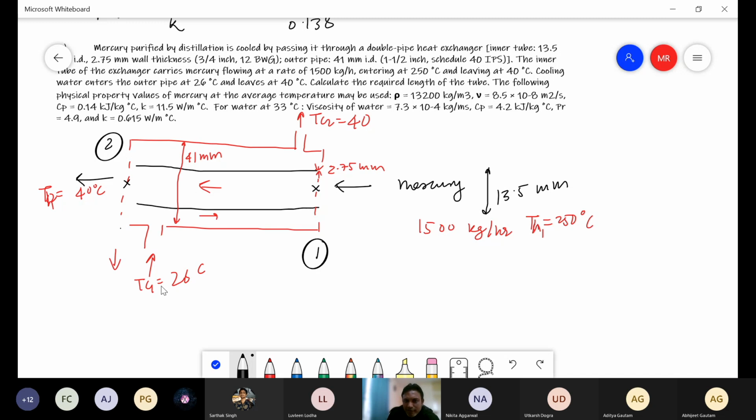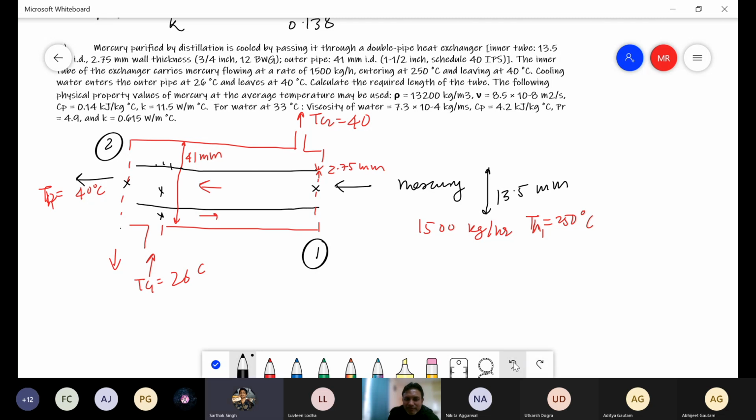These two should be the same. In addition, I can calculate how much heat is transferred between the cold fluid and the hot fluid across this entire surface. That will be given by U A delta T LMTD. Yes or no?